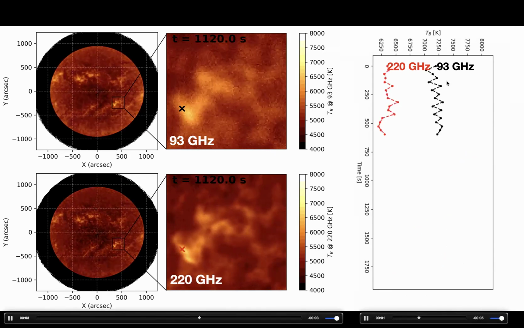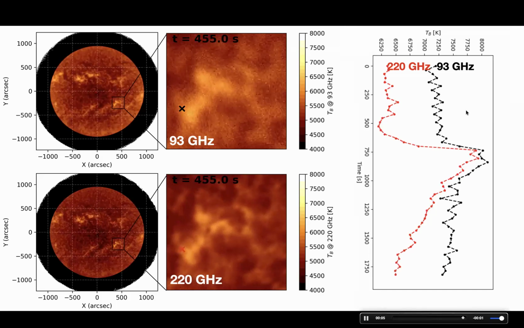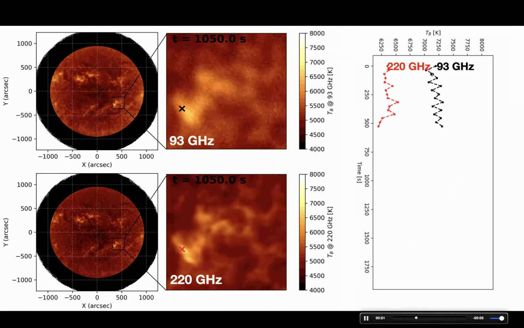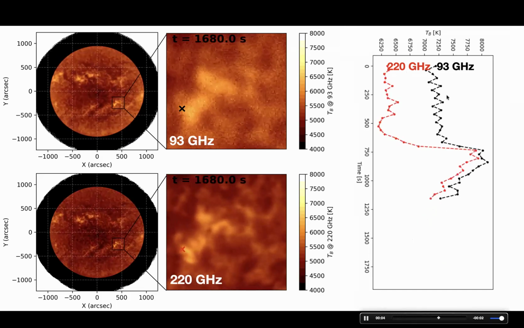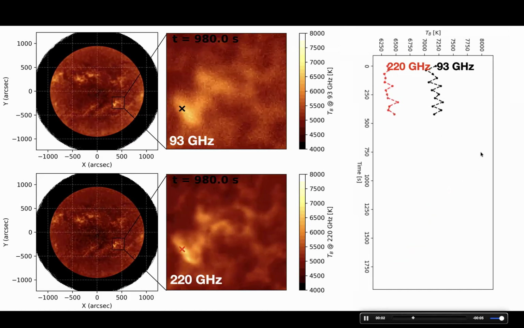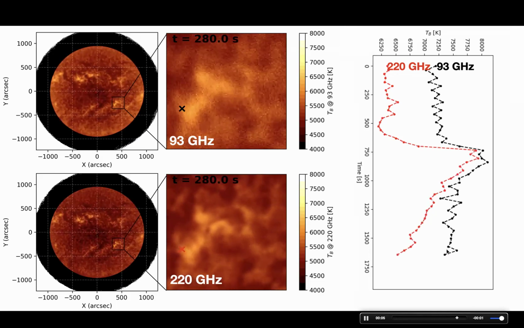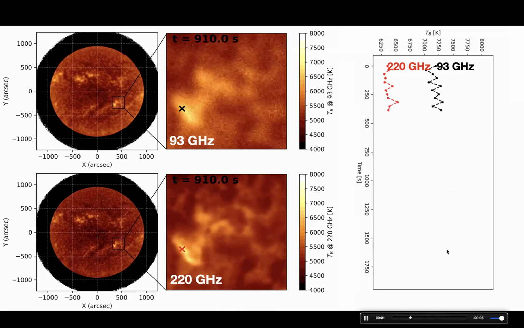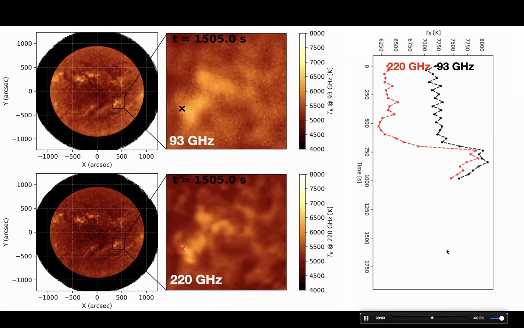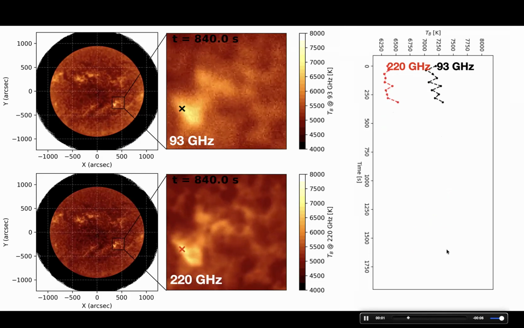And if we look at the light curve on the far right, you can see the 220 case in red and the 93 case in black. You can really see that we have quite a few measurements in time, and you can see the temporal evolution of the flare quite well. But of course, this is based on constructed data. This is not true millimeter maps.